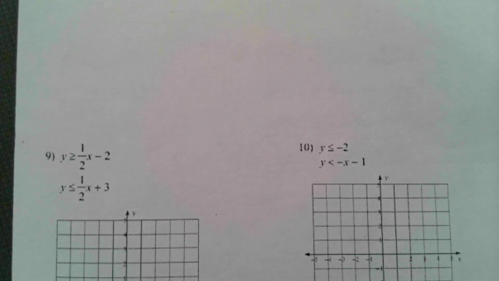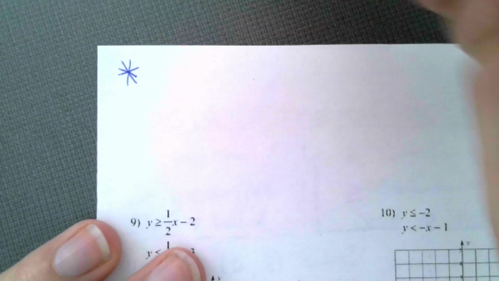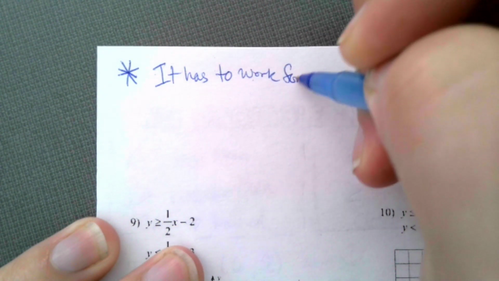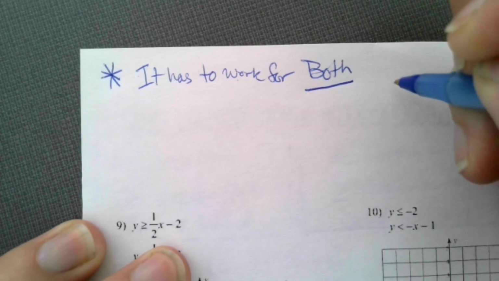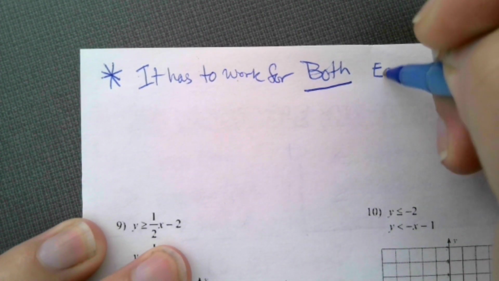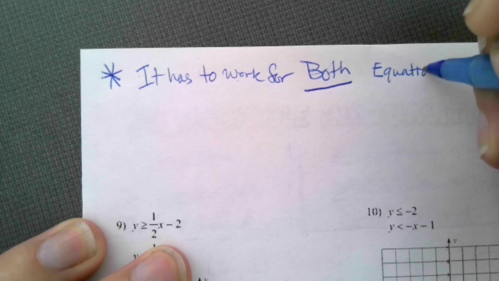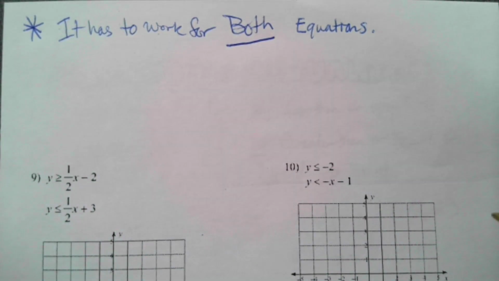Okay, this is the same thing that you've done before. It just has two of them now. So there's only one really key thing you've got to know. It has to work for both equations.